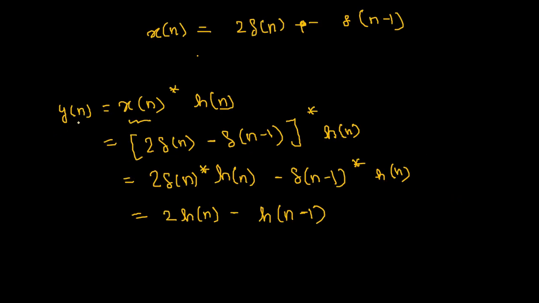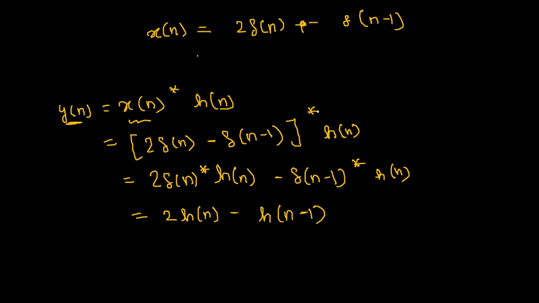Right. So we know that the output y of n is given by the convolution of x of n and h of n. It's the convolution of the input signal and h of n. And that is how we got the output for the first and second signals, right? Since we can keep x of n constant and expand h of n in terms of the unit impulse function, but since x of n has fewer terms, I am choosing to write x of n as this.